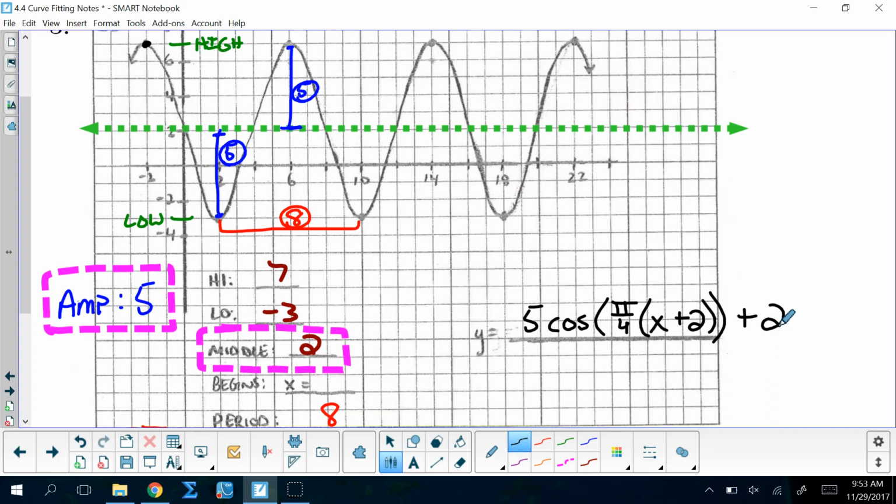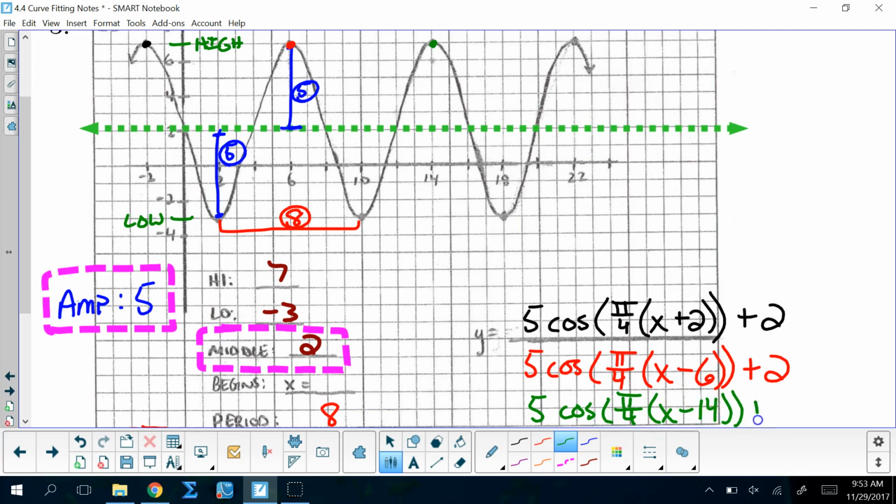If I start here, that's going to be 5 cosine of pi over 4 times x minus 6, plus 2. If I start here, that's going to be 5 cosine pi over 4 times x minus 14, plus 2.